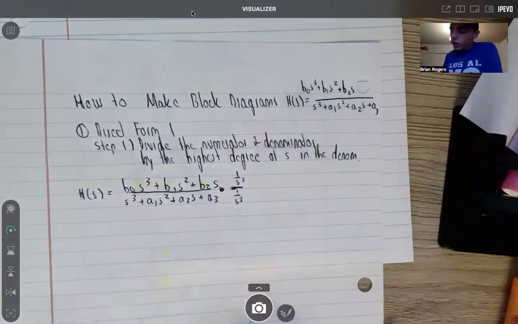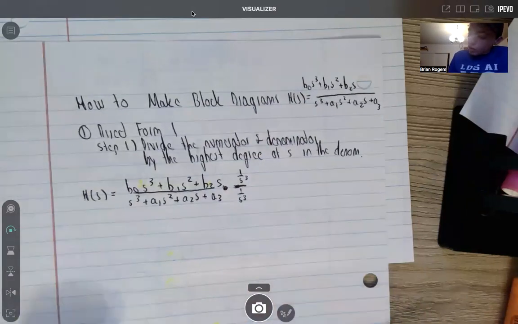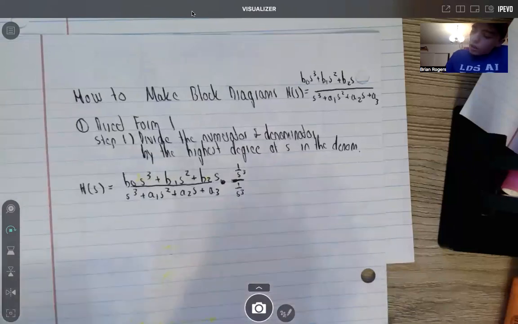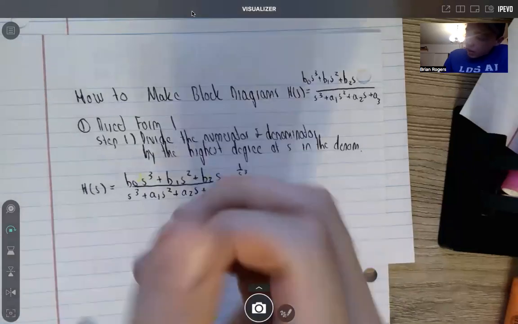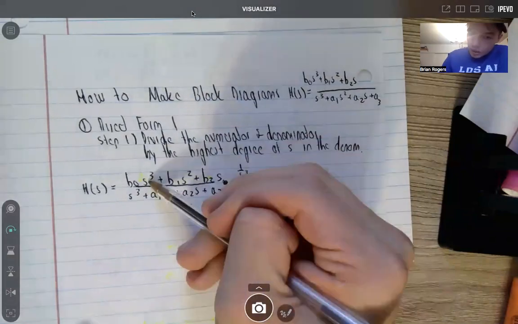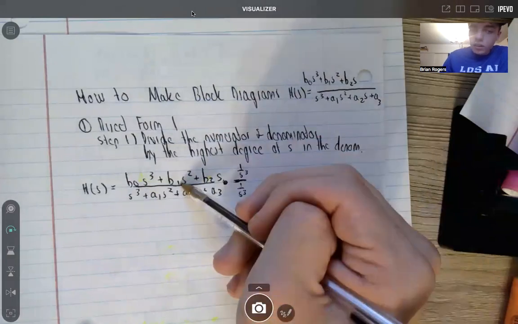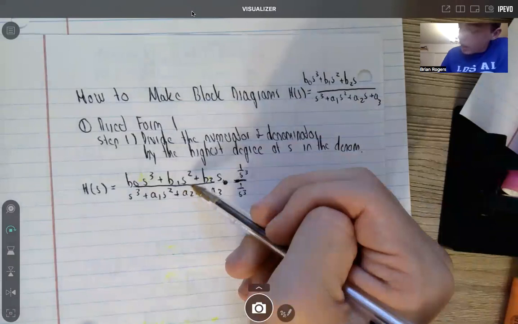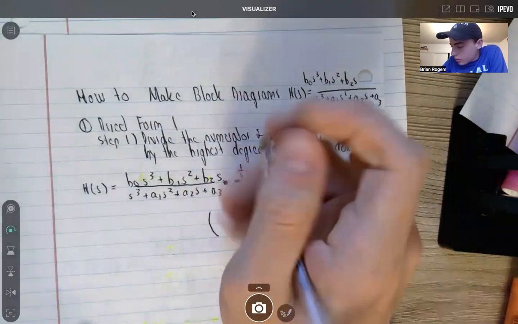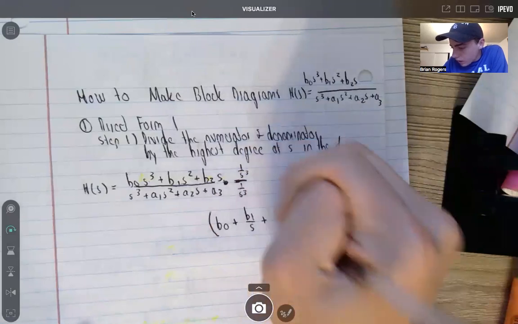When we do that, what are we going to get for the numerator and the denominator? In the numerator, if I divide by S cubed, that becomes B naught, then B1 over S, and B2 all over S squared. So this becomes B naught plus B1 over S plus B2 all over S squared.